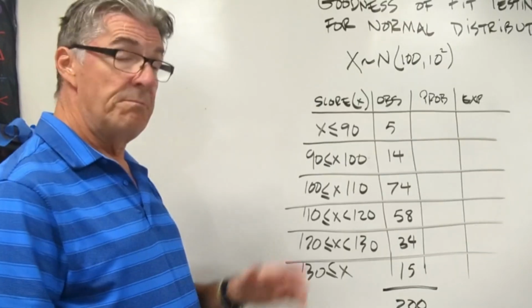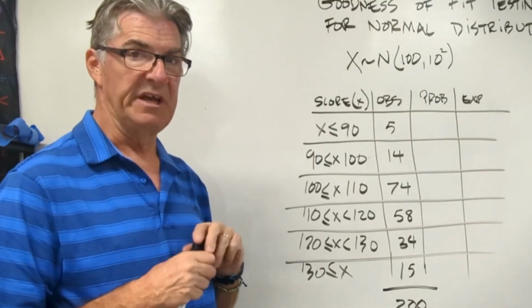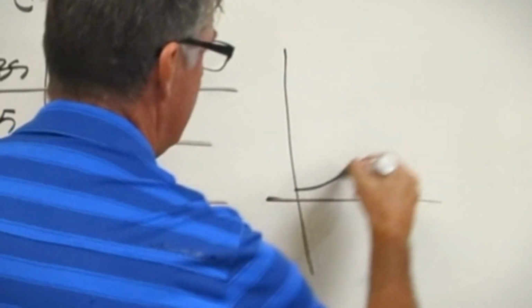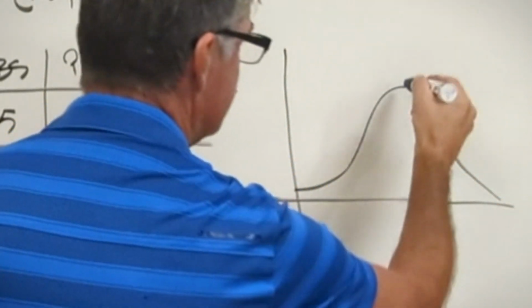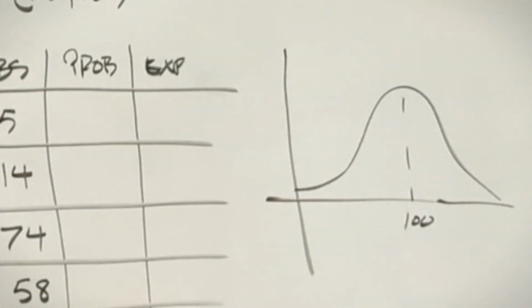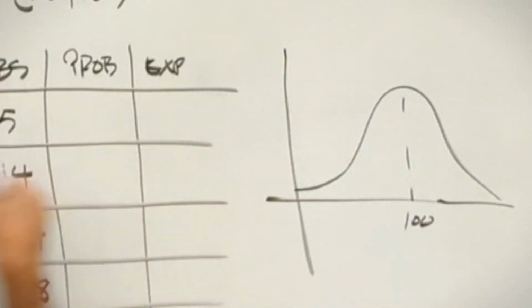Okay, so before we go any further, I love to do this thing I call data snooping. Now remember, your normal distribution should look like that, an evenly shaped bell curve, and in our case here, there is our mean. So there should be an equal number of values on this side of the mean and on that side of the mean.